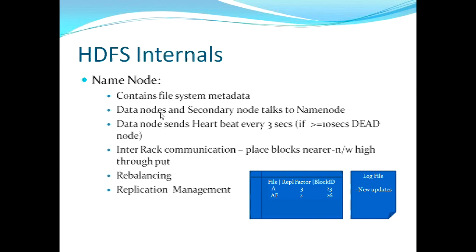A data node sends a heartbeat every 3 seconds. If there is no heartbeat for 10 seconds or more, the name node will think that it's a dead node. It will then make another route, call another node, and make the whole flow continue.